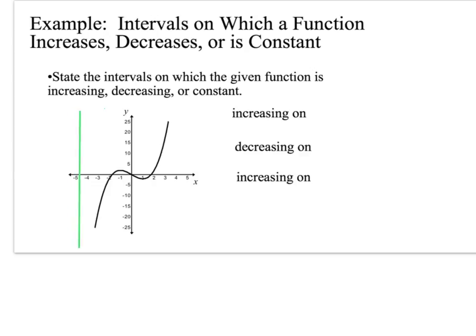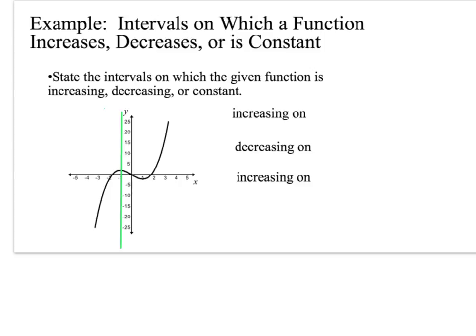Let's start here at the negative infinity end of the x-axis. From this point all the way up to this point, you can see that the graph is going up as we move from left to right until we get about here. And then you start seeing that the graph takes a downturn. So this is going to be my first interval.